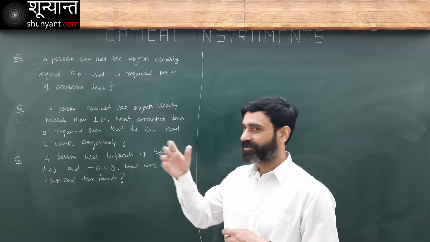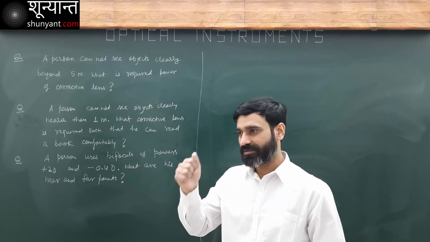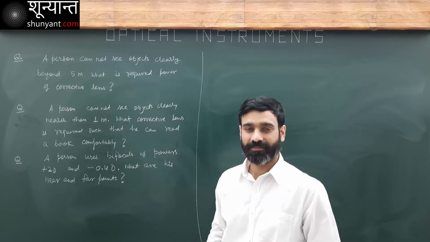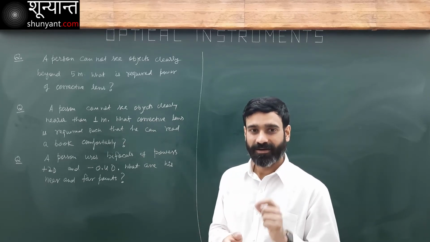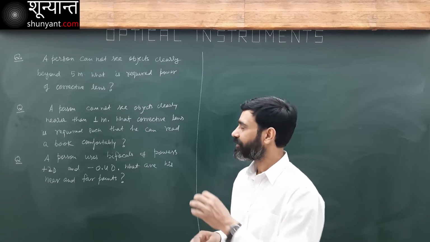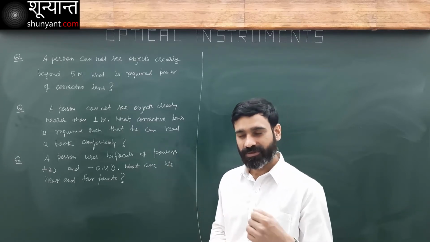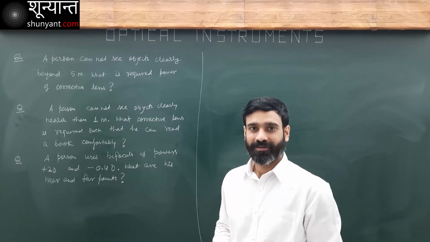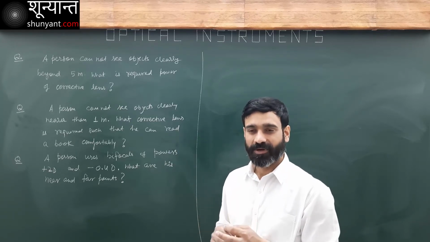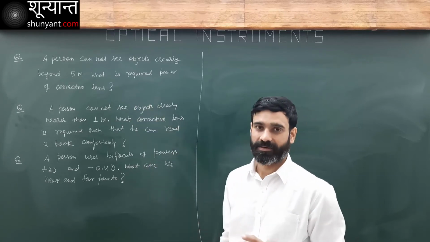I cannot see distant objects. That means my far point has changed. Ideally, my far point should be infinity. I should be able to see any object kept anywhere. But now it has become 5 meters.